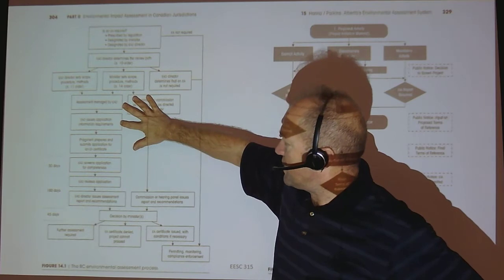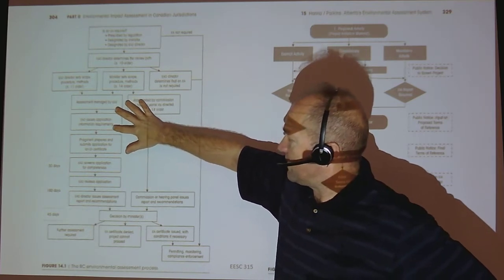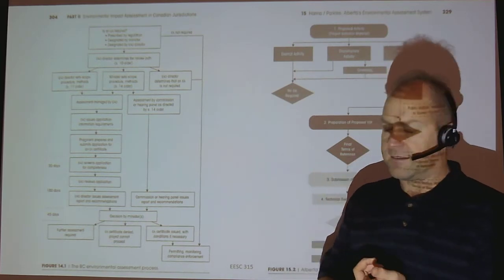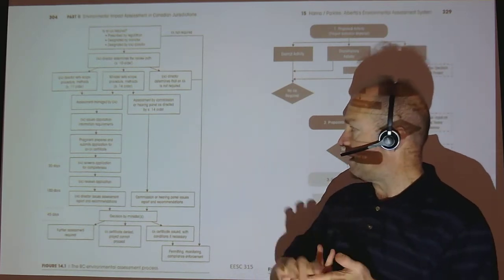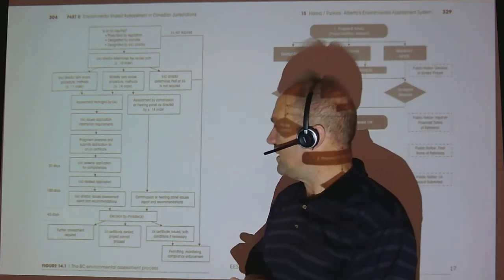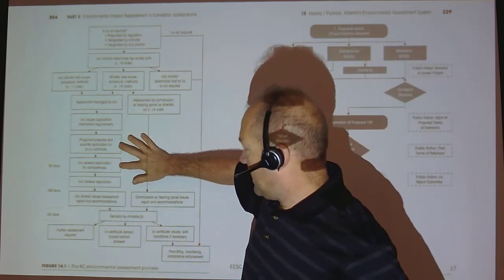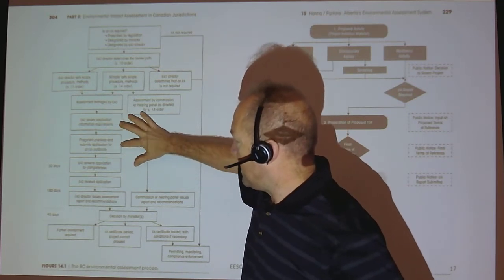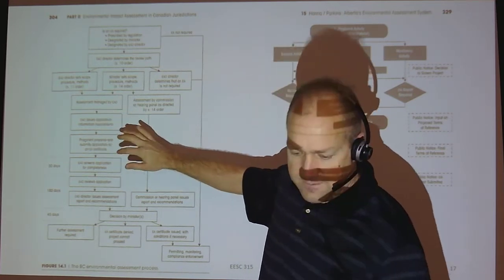So the EAO issues an application information requirements, and this will be a long list. It's basically a terms of reference that says you must assess all of these different impacts. You must make sure you've covered all of these different types of effects in your assessment. The EAO screens the application, and the proponent prepares and submits an application for an EA certificate.